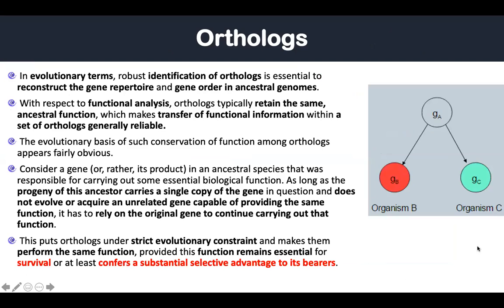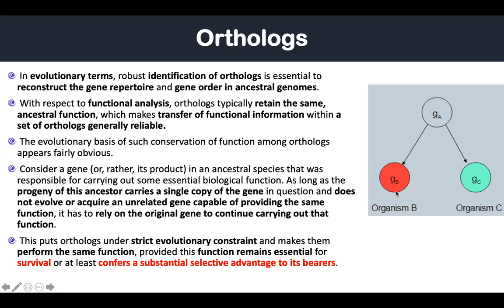Okay, so moving on to give you a bit more description about orthologs. In evolutionary terms, robust identification of orthologs is important to reconstruct the gene repertoire and also the gene order in ancestral genomes. With respect to functional analysis, orthologs usually retain the same function because there's only one copy of the gene in the genome.